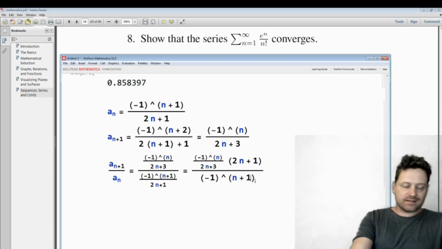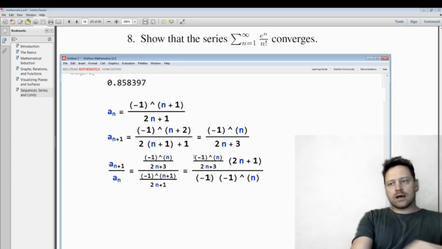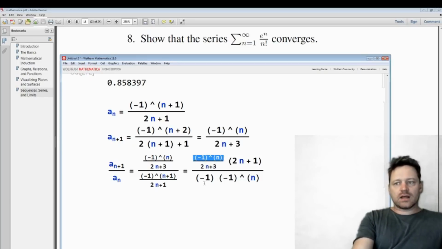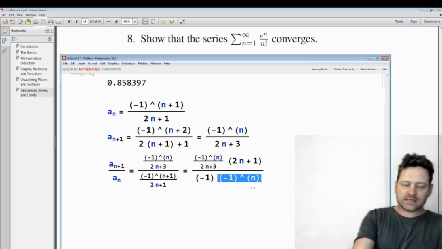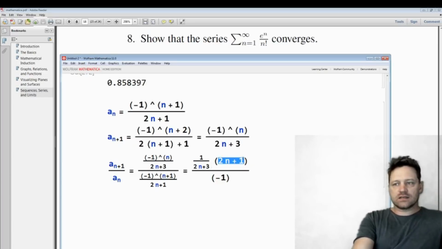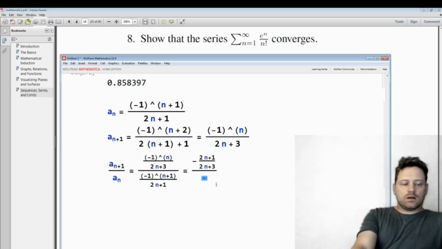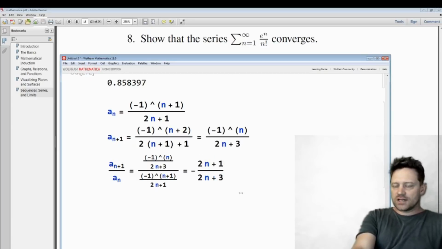So the minus 1 to the n there and the minus 1 to the n there can cancel. That becomes a 1, and I can take this and put it in the numerator, and put that minus 1 out the front. All right, so this is the ratio of a_(n+1) over a_n.